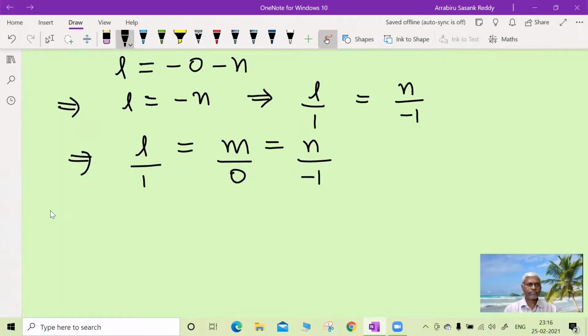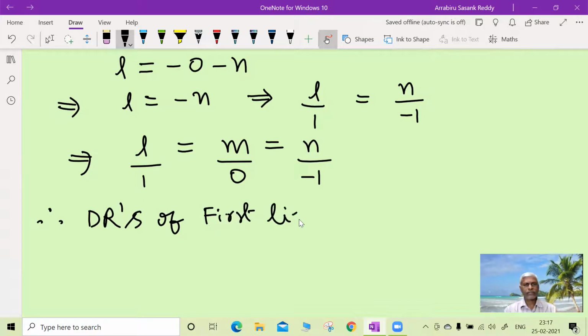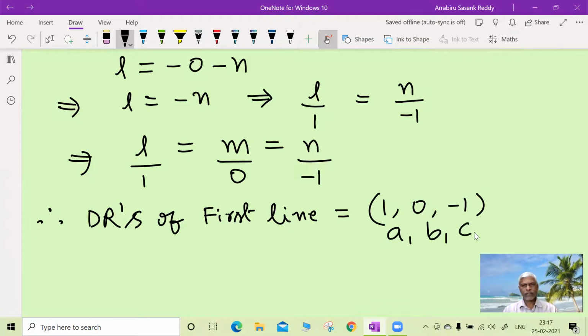Therefore the DRs of first line are 1, 0, minus 1, A1, B1, C1.